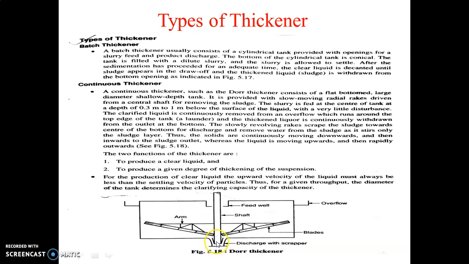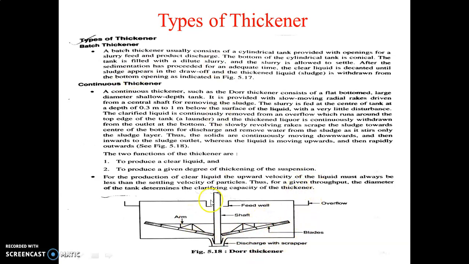So in this way the sludge is taken out from here, and the clear liquid is taken out from here. So the function of a thickener is to produce the clear liquid and to produce a given degree of thickening of the suspension. That means this solid material is concentrated. That is called thickening.